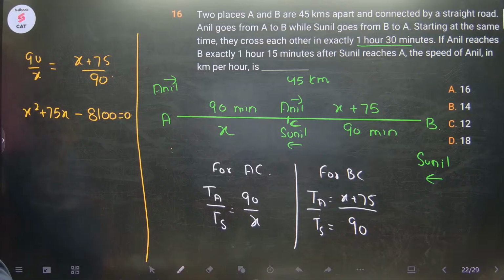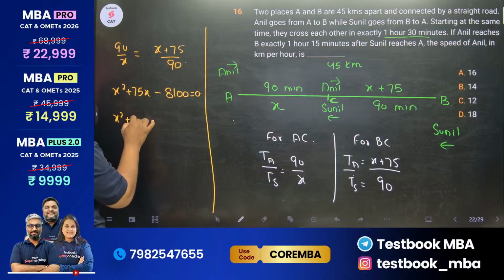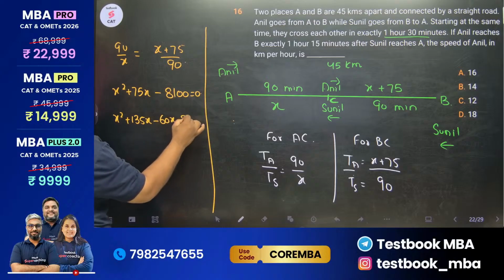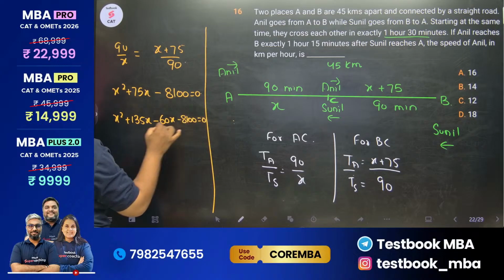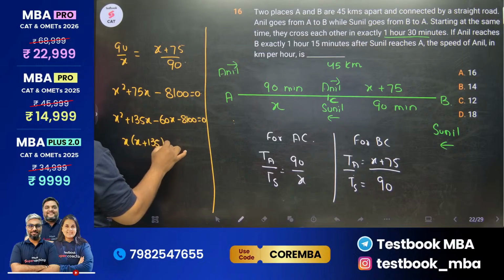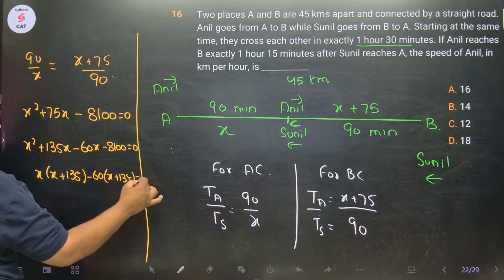Okay. Come on guys. Yes, same ratio. Very good. Now this is x square plus 135x minus 60x minus 8100 equals 0. x plus 135 into x minus 60 equals 0.